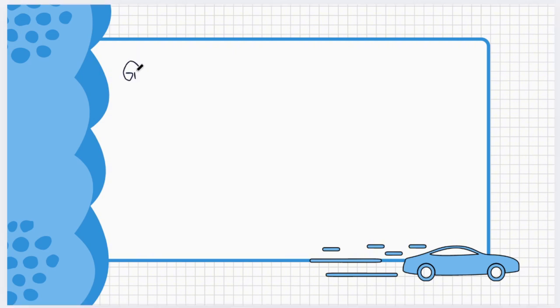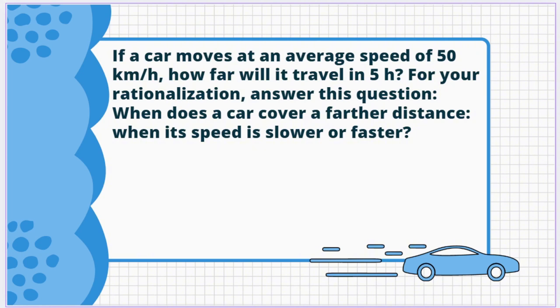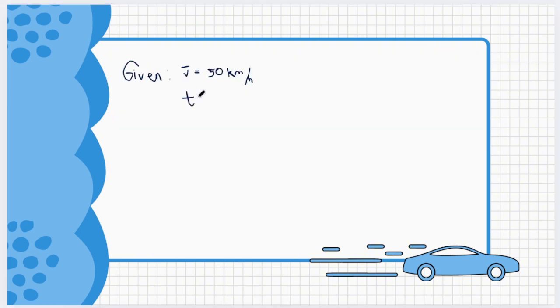We are given an average speed of 50 kilometers per hour, or 50 kph. We are also given a time of 5 hours. Okay, what are we looking for? We are looking for the distance traveled.